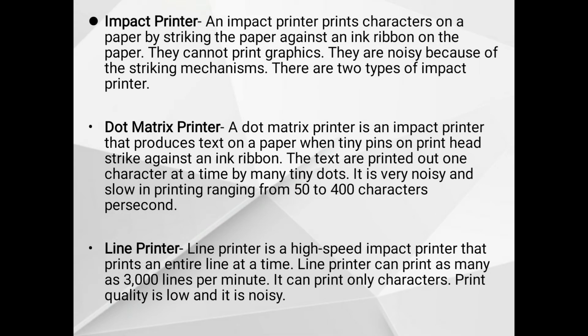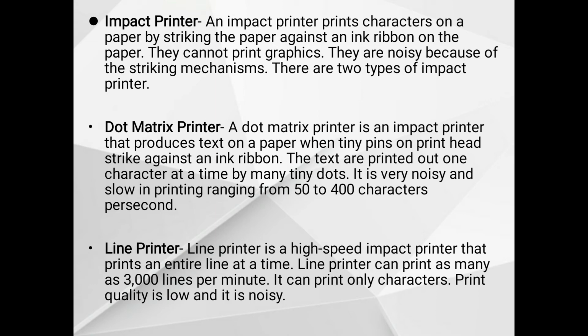What is an impact printer? An impact printer prints characters only. It does not print graphics. It cannot print out images, but it can print out only text characters on a paper, by striking the paper against an ink ribbon. The ink ribbon is a wet ribbon filled with ink, and it is struck on the paper by a print head.